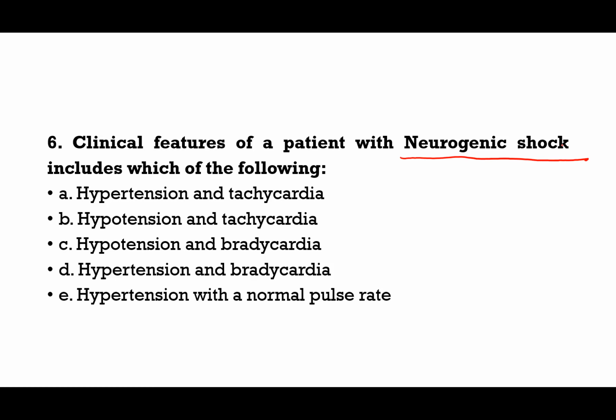So the venous return to the heart will decrease, leading to reduction in the cardiac output and hypotension. And they have associated bradycardia because of the inhibition of sympathetic outflow. So your more appropriate answer here is C.